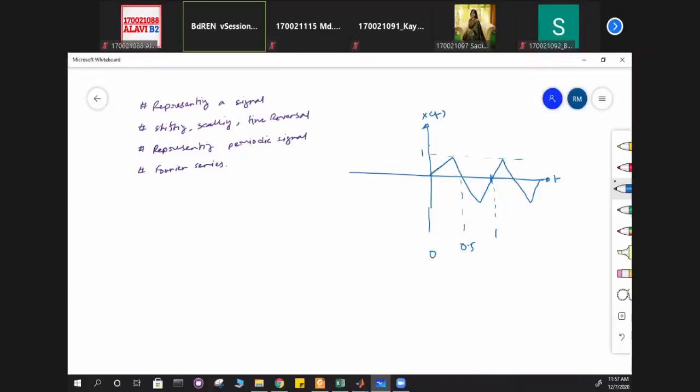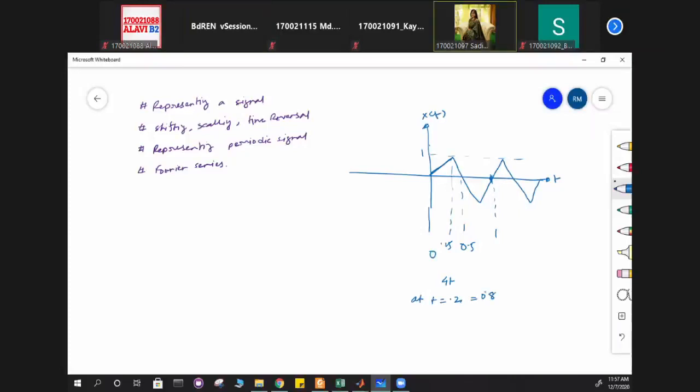So the equation of this particular straight line is 4t, isn't it? Yes. So what will be the value? Okay, no, it is basically 0.25. What will be the value at t equal to 0.2? 0.8, isn't it?